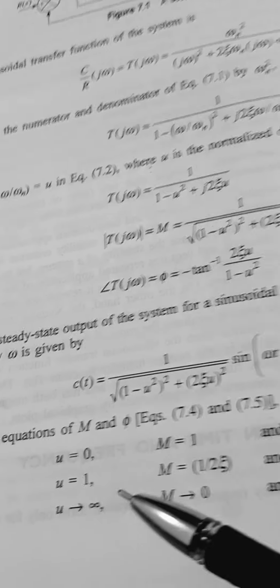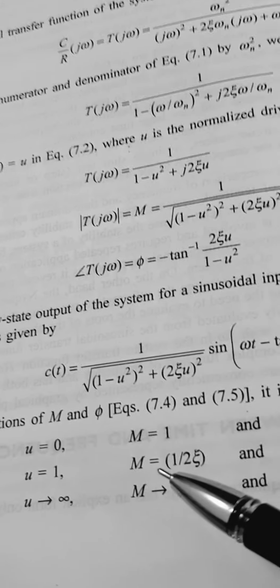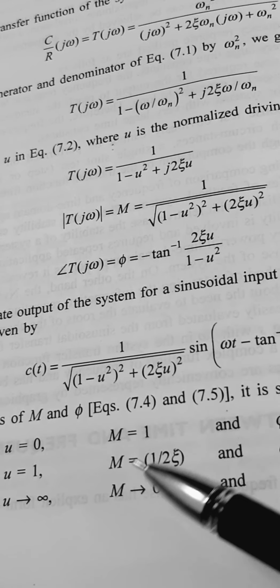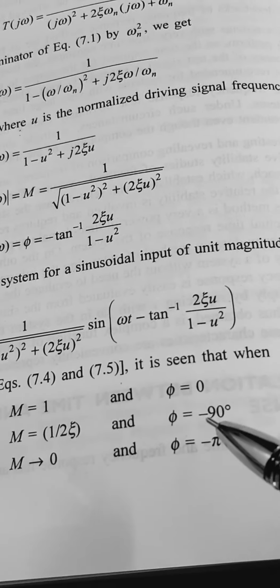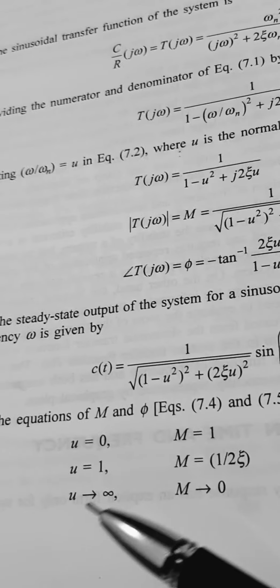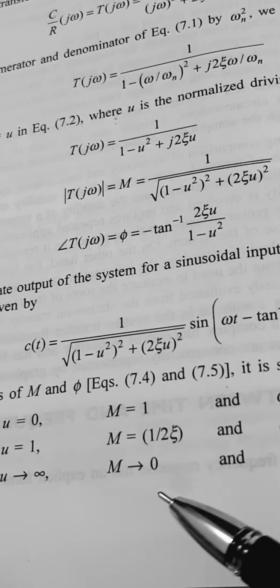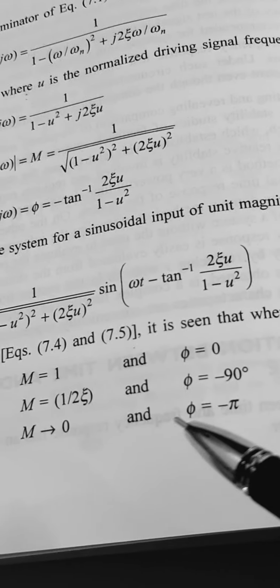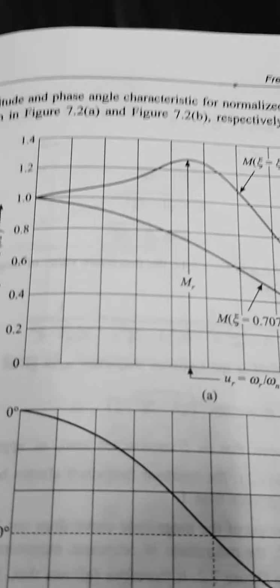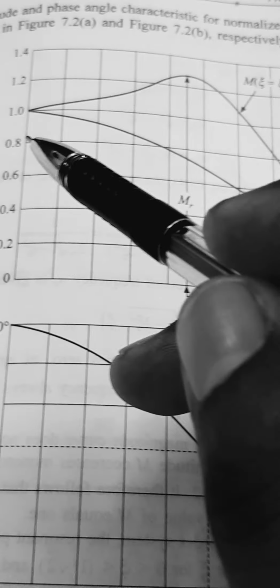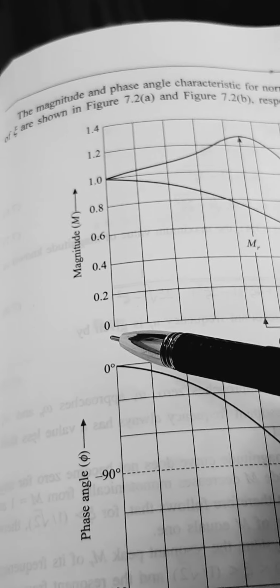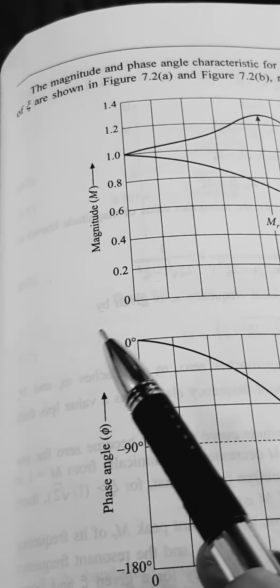When u is equal to 1, M is equal to 1 divided by 2 psi and phi is equal to minus 90 degrees. And when u tends to infinity, M tends to 0 and phi is equal to minus pi. If you plot that, the x-axis is u and the y-axis is magnitude. When u is equal to 0, M is equal to 1.